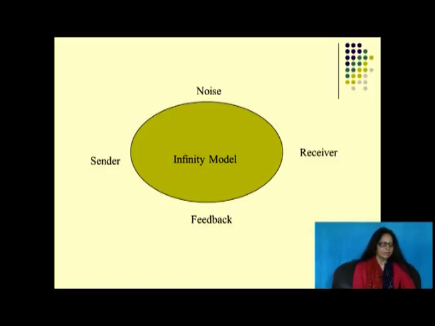Now in the communication model, when we assume that the sender sends a message and the receiver receives a message, we assume that the message has been received. But no, sometimes the message isn't received. Suppose the phone line is bad, or suppose you are shouting to someone in a crowd and that person can't hear you because there's too much noise. So these kinds of obstacles or disturbances can prevent the message from reaching the receiver.